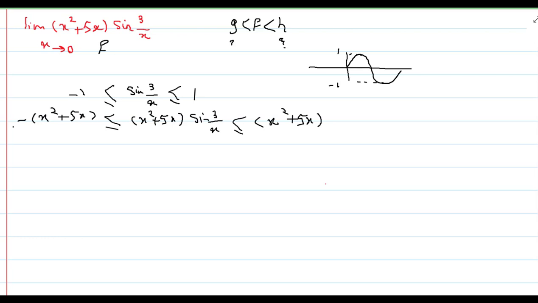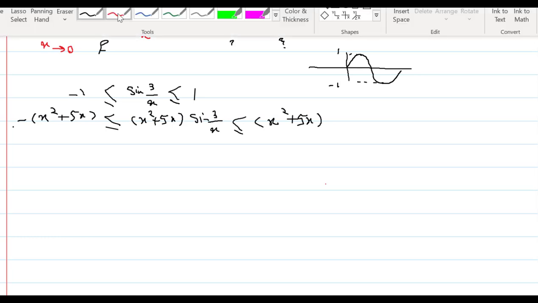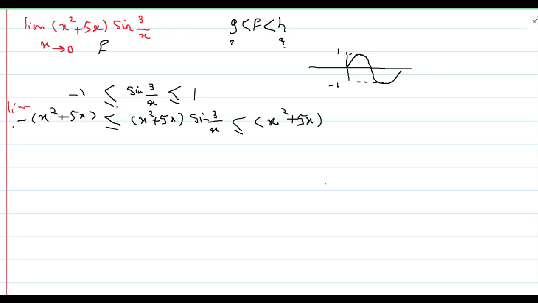When x approaches 0, the limit of x^2 plus 5x will be 0, and also the upper bound is 0. So we can find that the limit of x^2 plus 5x times sine 3 over x, as it is squeezed between g and h which have the same limit 0, so the limit of f is also equal to 0.